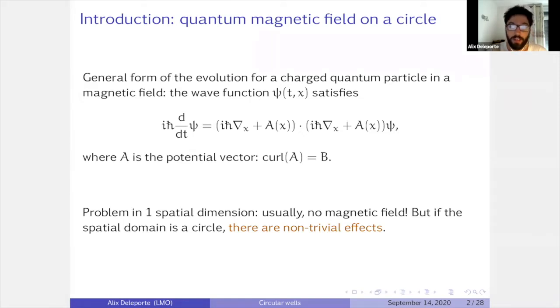The important thing is the curl of A, the differential of A as a one-form, which is a two-form, and in one dimension there are no two-forms, so B is 0, there should be no magnetic effects at all in this problem. But here, if the spatial domain is a circle, we will see non-trivial effects.